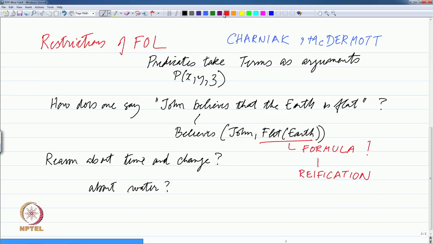Because when I say there was water in a glass, essentially if I say something like in(glass, water), let us say it is a predicate between two elements, one is called glass, the other is called water. But does that capture our notion of what we are trying to say? So these are difficulties. How do we reason about space?